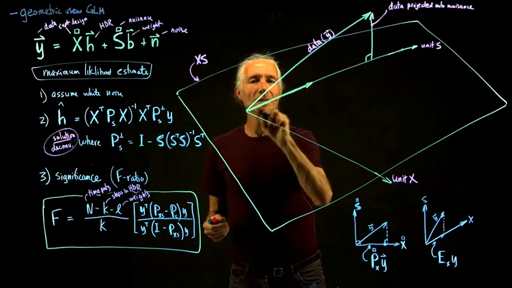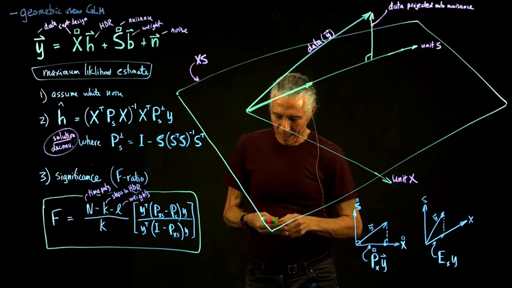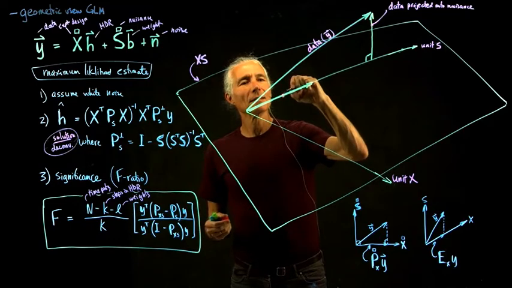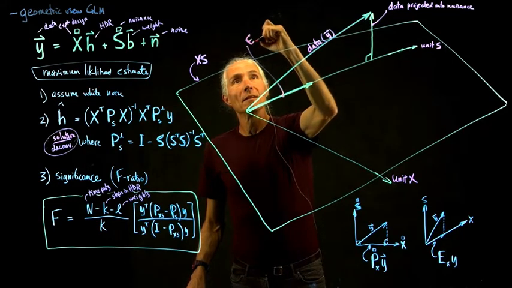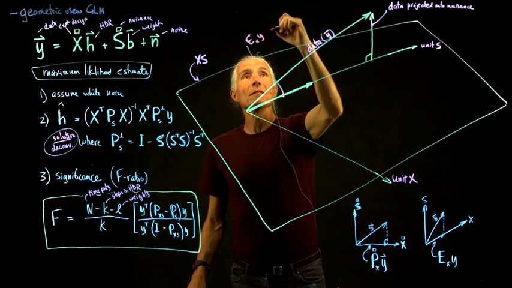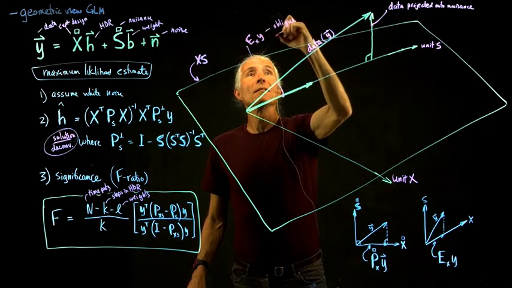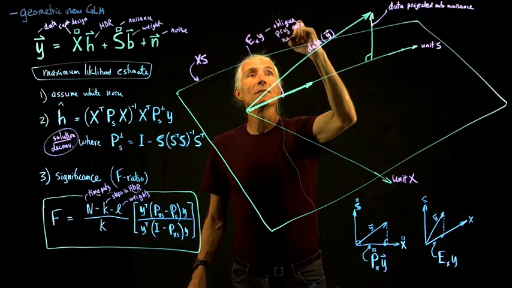This guy is the oblique projection onto nuisance. So this is E x of the y vector, the oblique projection onto nuisance.